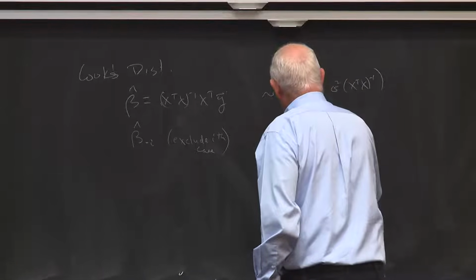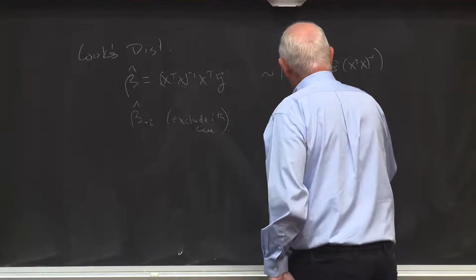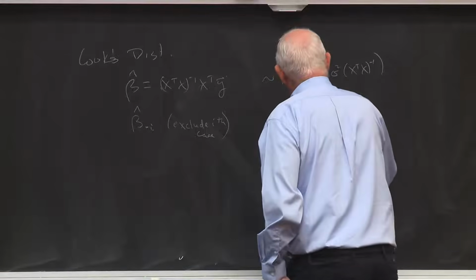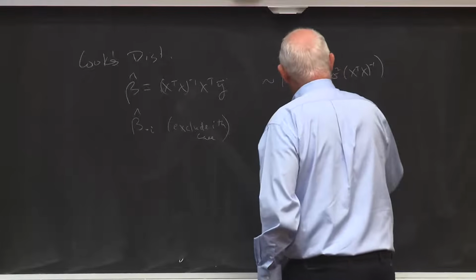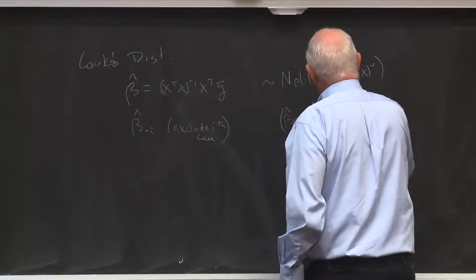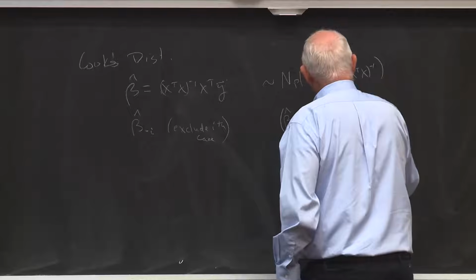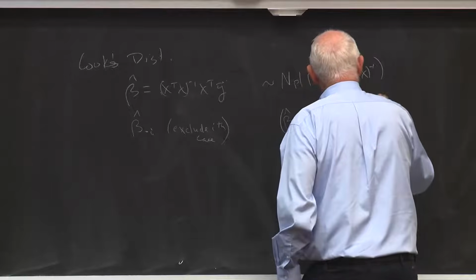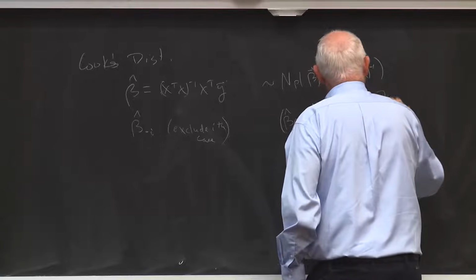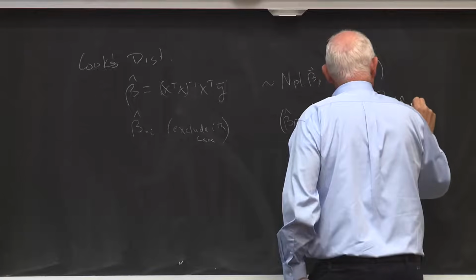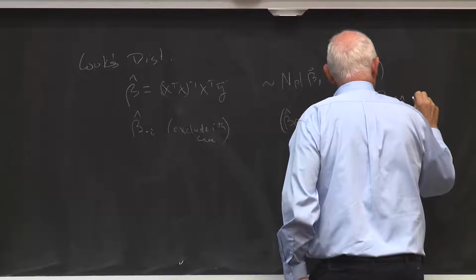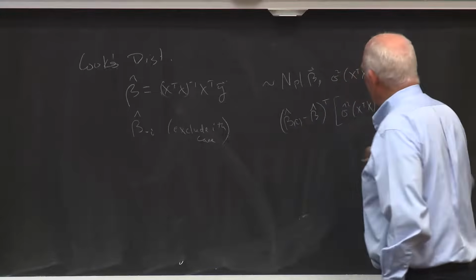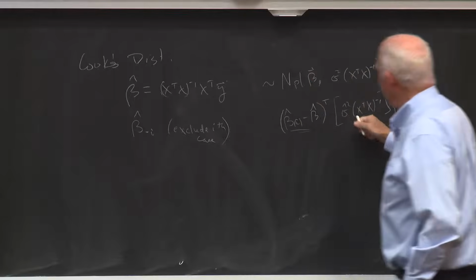We can actually look at beta hat sub i minus beta hat, and consider the distance of this, or the magnitude of the change in the beta.